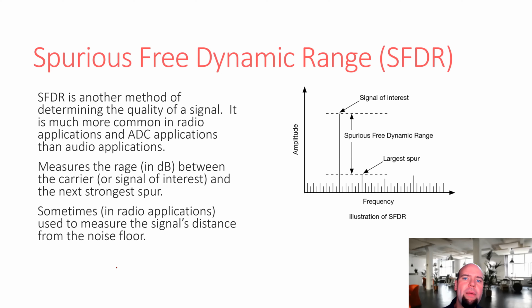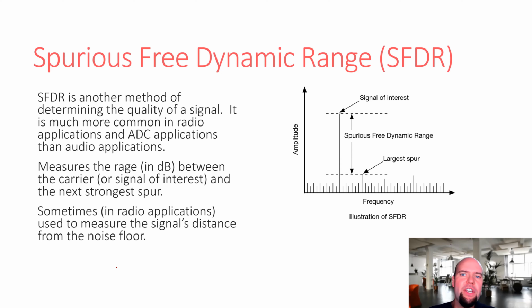But spurious free dynamic range is the amplitude difference between the signal that you care about and the largest off signal spur. Again, if you think about a distorted sinusoid and the series expansion of a distorted sinusoid, where you have an amplitude term in front of each of these harmonics, this is basically the amplitude distance between your signal and the largest harmonic.